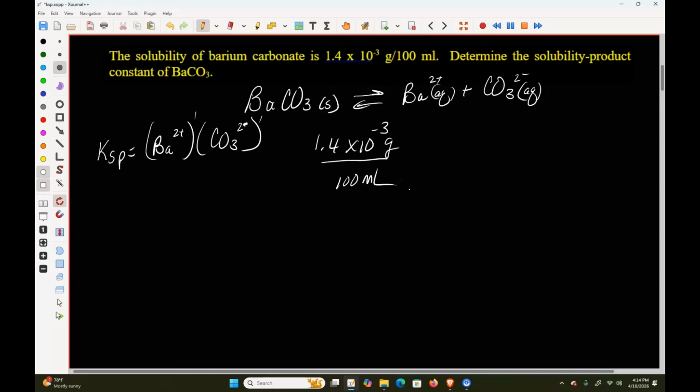We've got to convert this into moles per liter. So for barium carbonate, it has a molar mass of 197.3 grams.